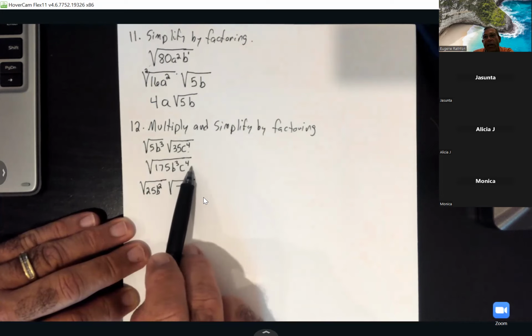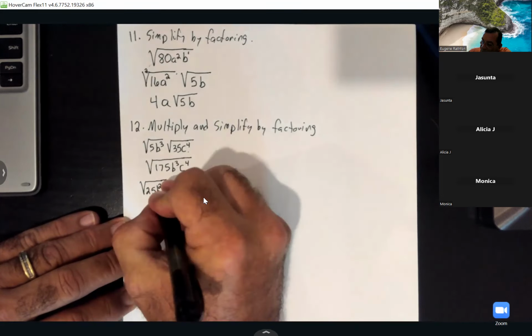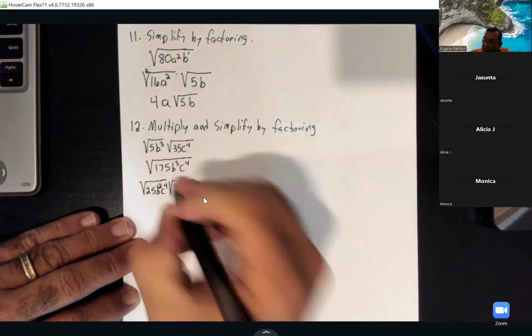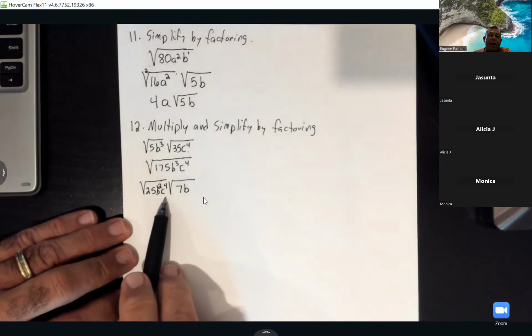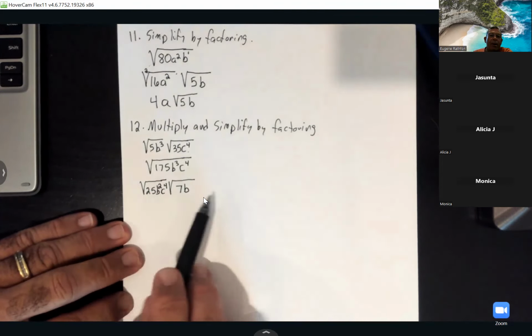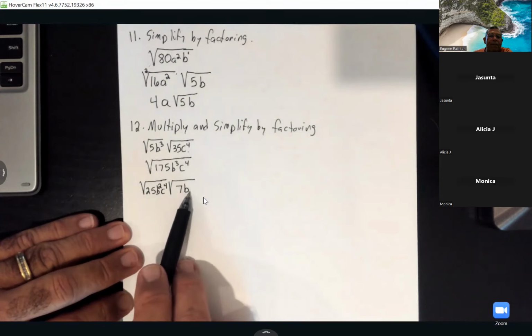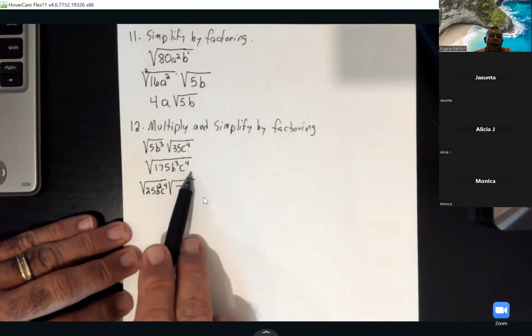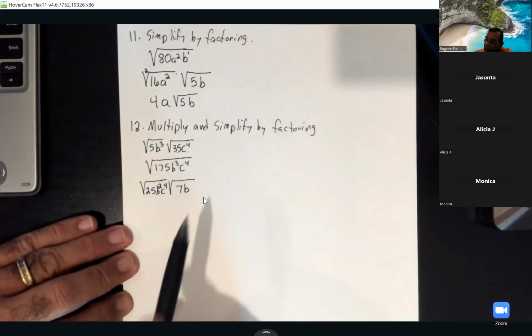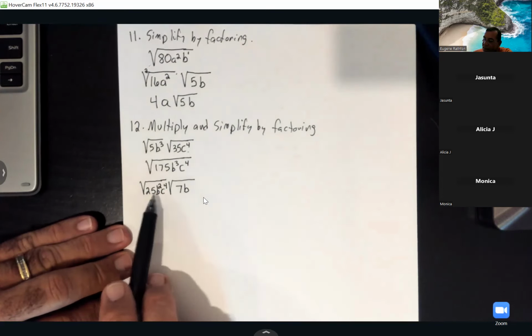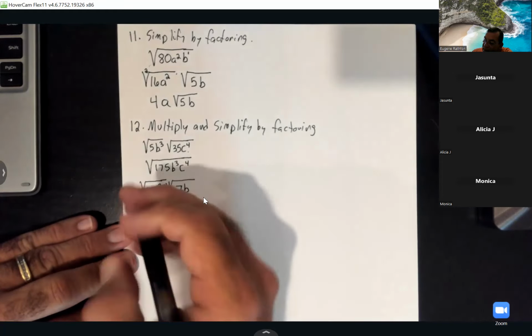Now the c to the fourth is an even exponent, so the c to the fourth is all going under the first radical. The only time you're going to have a leftover under the second radical is if you have an odd exponent, okay? All right, y'all, so let's see what happens now. These are all perfect squares, so they're all coming out. Square root of 25 gives me a 5.